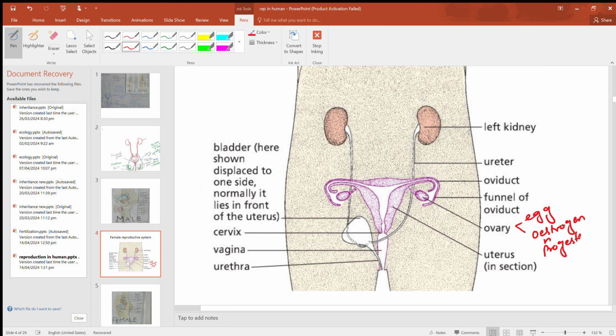Now, what is the function of these two hormones? The function of these two hormones is to develop secondary sexual characteristics in females. Now, what are the secondary sexual characteristics in females? Number 1, onset of menstruation.